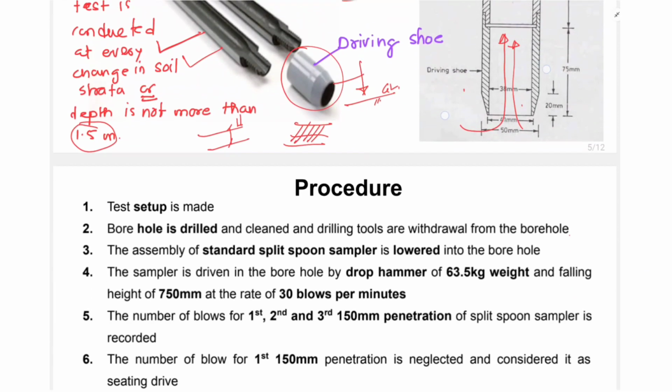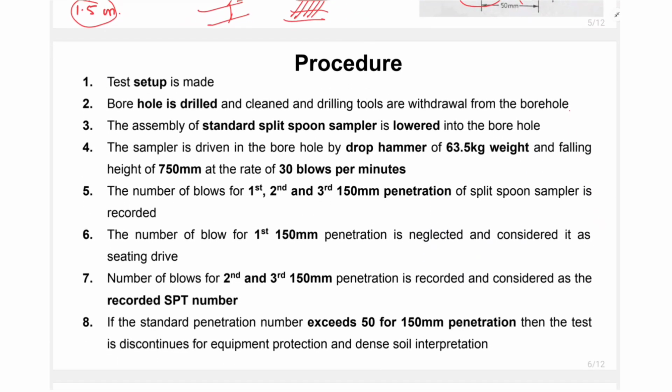Then in this test, the procedure is, first, the setup is made. Setup means placing the tripod and locating the borehole point. Then the borehole is drilled by using drilling tools, and then the tools are withdrawn and the borehole is cleaned.